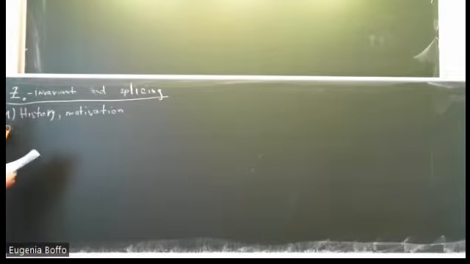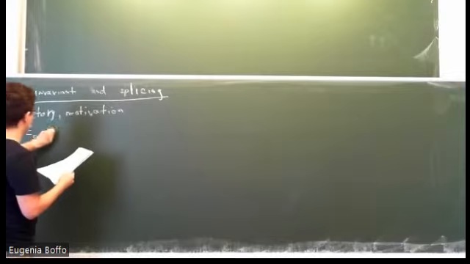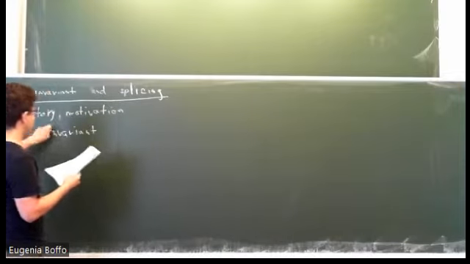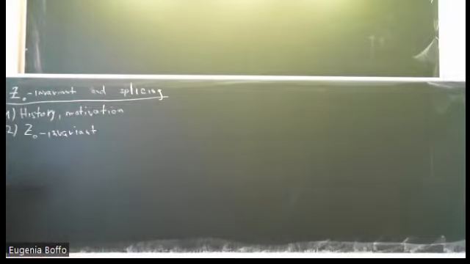Then I will talk about what is this Z invariant. There are many flavors, but it's basically all some Chern-Simons path integral with various mathematical definitions, because it's not easy to define it.